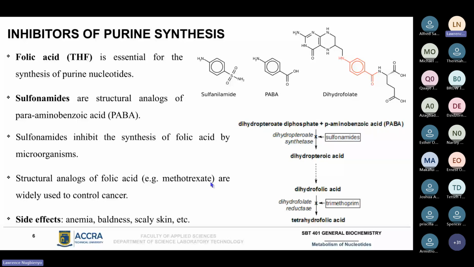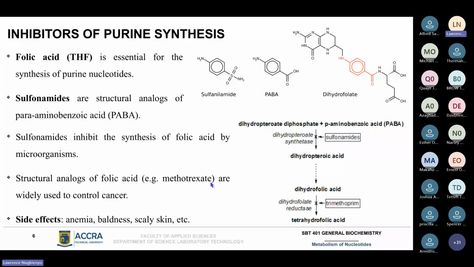But of course, you have side effects of chemotherapy, which is to do with the fact that sometimes the drugs do not affect only the cancer cells, but they also affect normal cells.